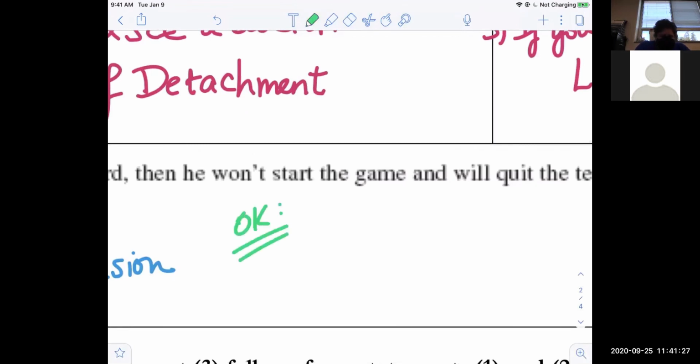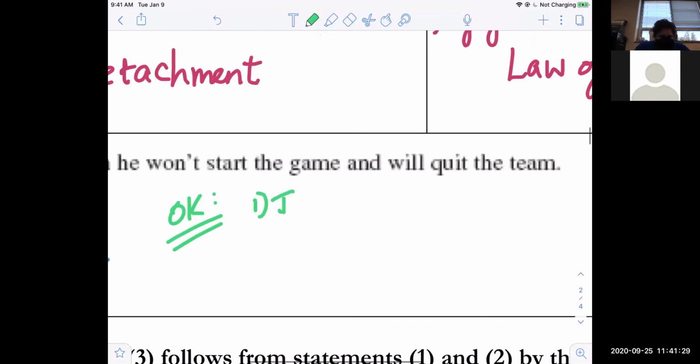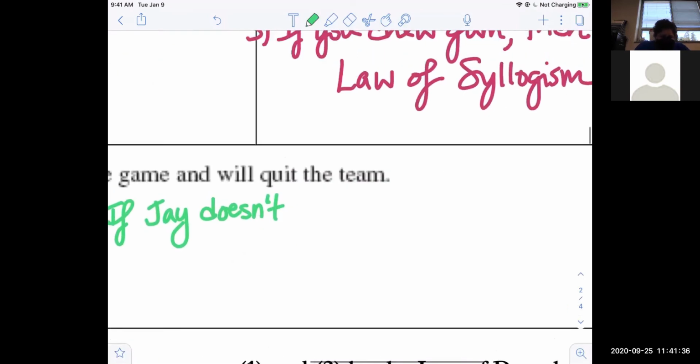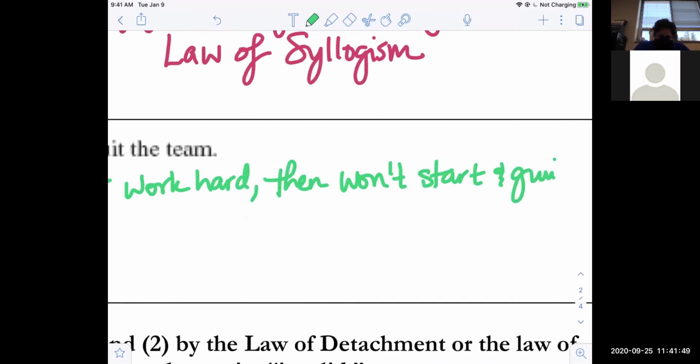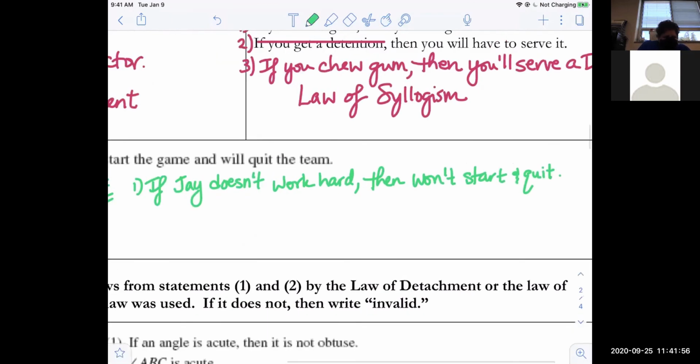Let's say that sentence 1 was if Jay doesn't work hard, then he won't start and he'll quit the team. What would sentence 2 have to be if this was going to be detachment?